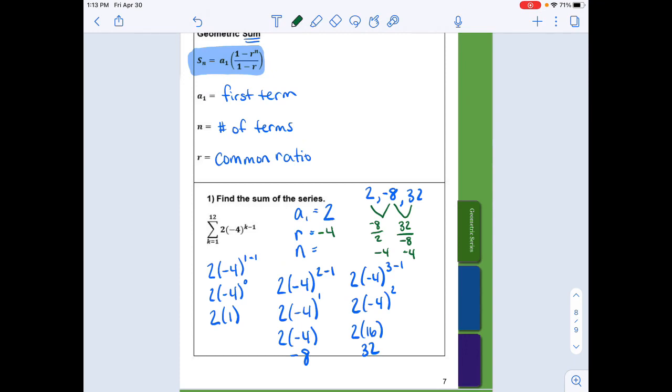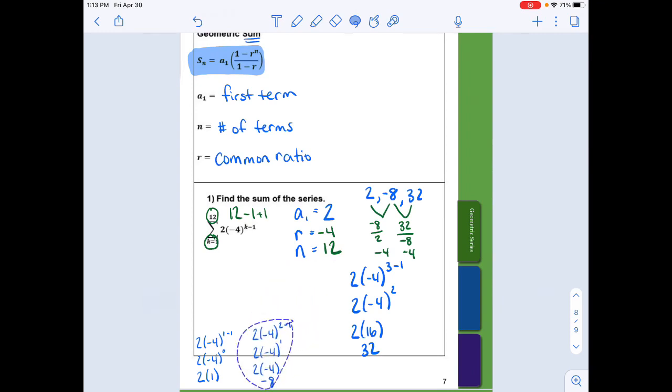Our n value is the number of terms. Now this is similar to our previous lesson where we take our top number minus our bottom number and add 1 to it. So we have 12 for our n. Now if you notice, our a sub 1 term and our r number happen to correspond with information given to us.